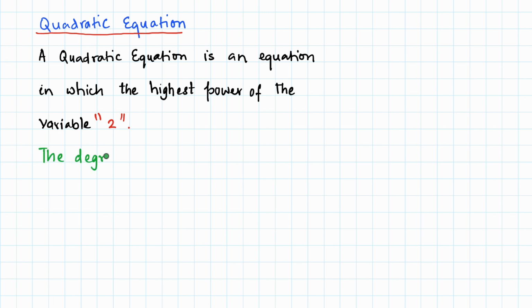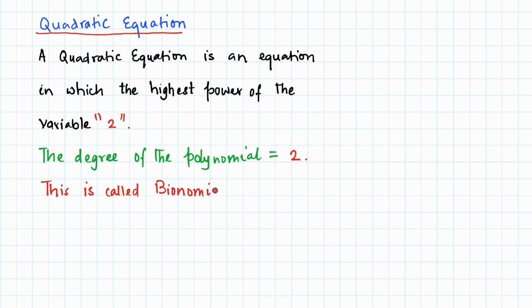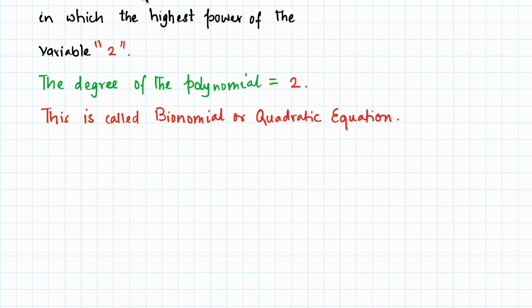We have already learned in polynomials that the degree of the polynomial, the highest power of the given variable, identifies what kind of equation it is. For a quadratic equation, the degree of the polynomial is 2. In terms of polynomial, it is called a binomial, but whenever we identify it in the form of an equation, it is a quadratic equation.